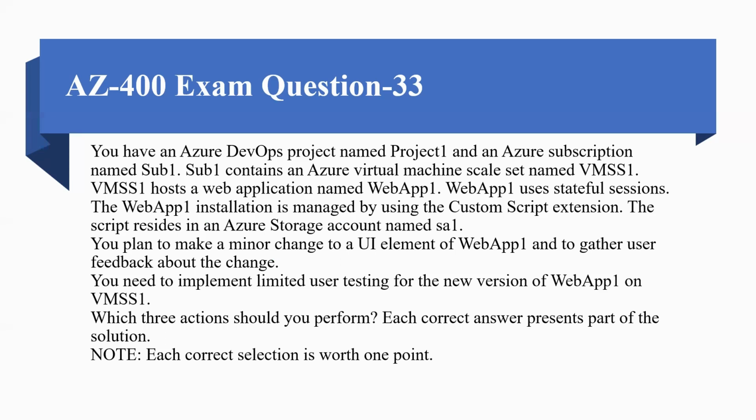The script resides in an Azure storage account named SA1. You plan to make a minor change in a UI element of the web app and to gather user feedback about the change. You need to implement limited user testing for the new version of WebApp1 on VMSS1. Which three actions should you perform?